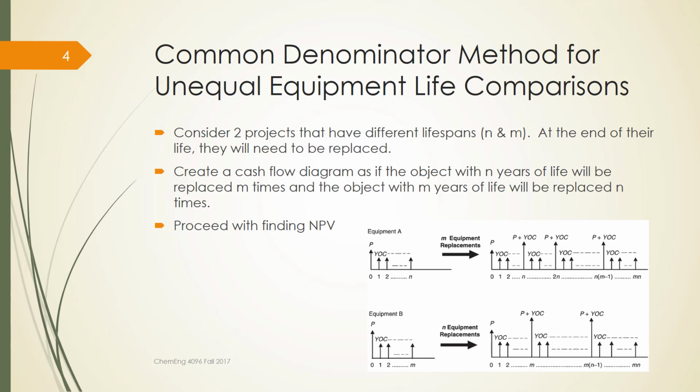It turns out that if you replace the one with a life of N years, M times, and the one with a life of M years, N times, you end up with essentially a common denominator, and that will allow you to put them on an equal time footing.